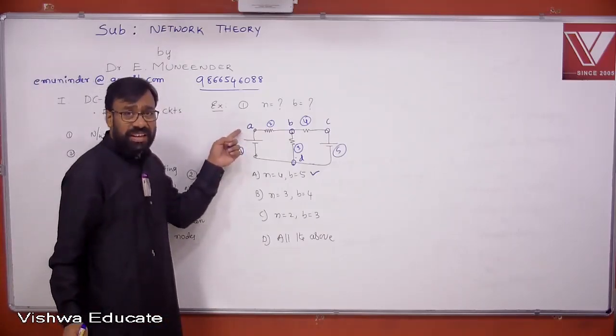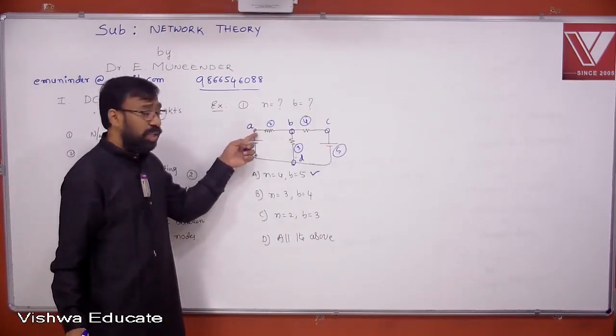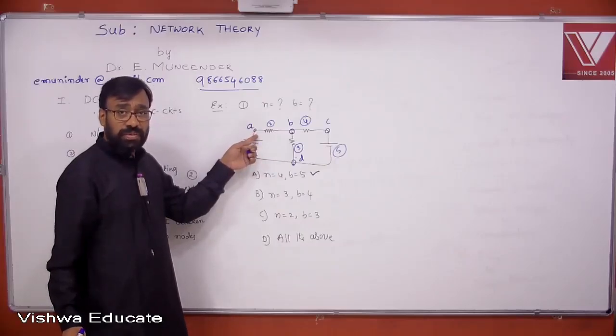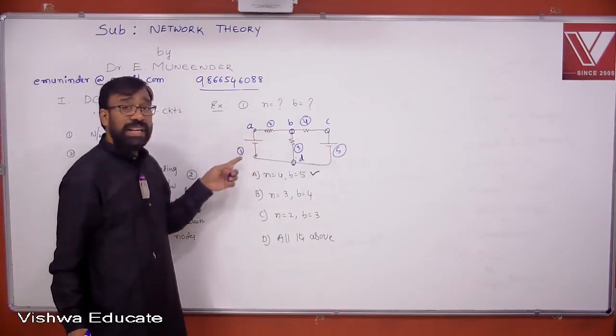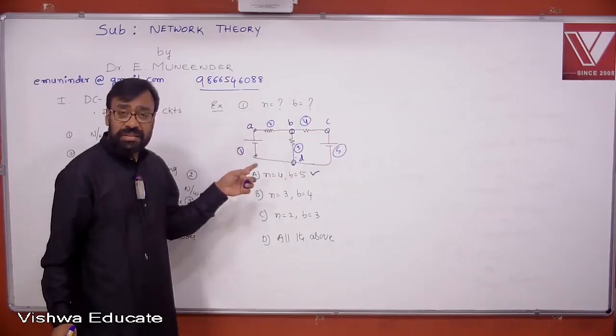Node A, when it is taken here, what is the degree of this particular point? 2. But how are these two elements connected here? They are in series.